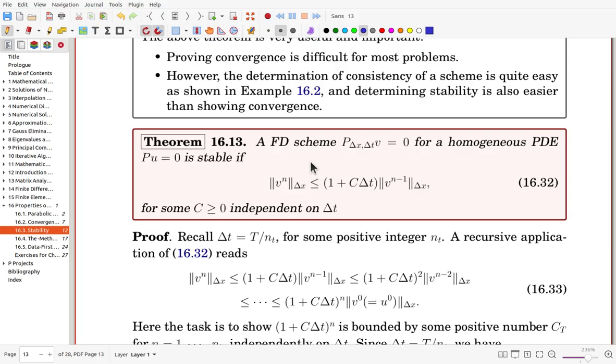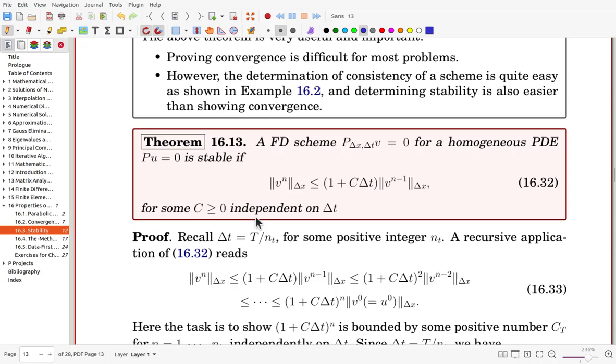Usually a finite difference scheme is defined along with the previous level energy and next level energy, rather than the beginning energy, so we have to get a theory such that the consecutive time level energies have some relationship. So this is the theorem. A finite difference scheme for a homogeneous PDE is stable if this inequality is satisfied.